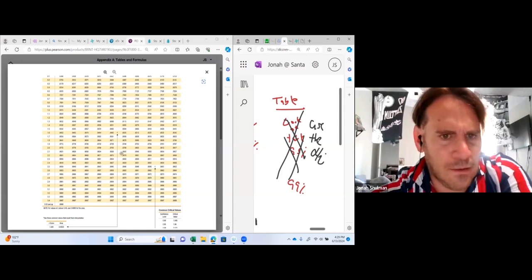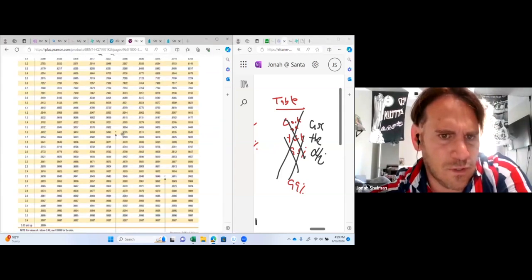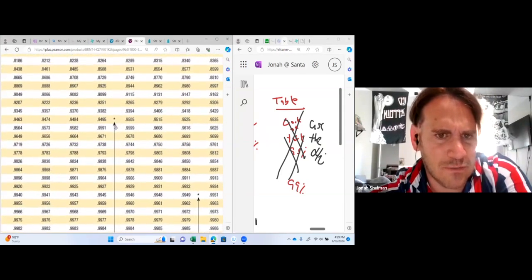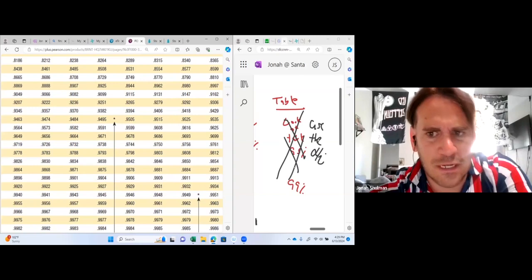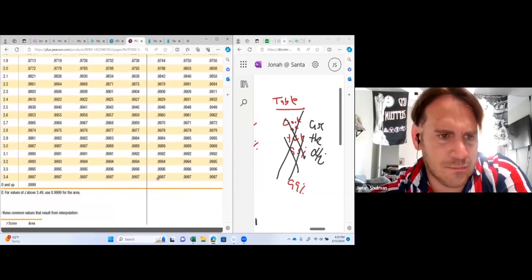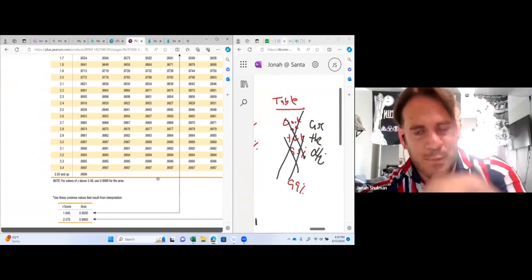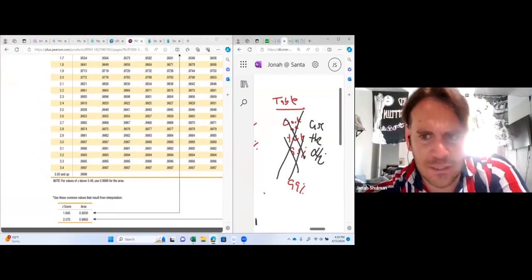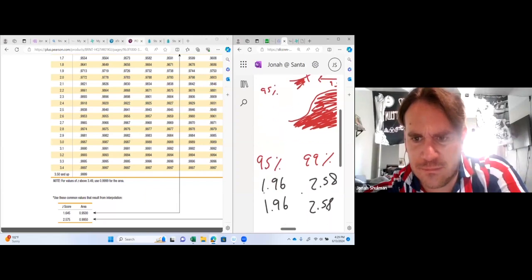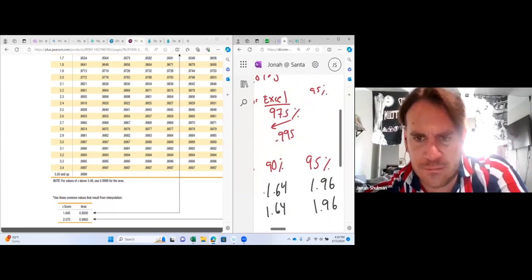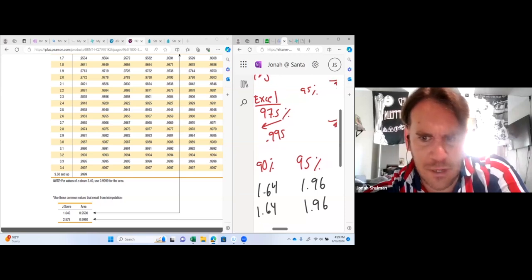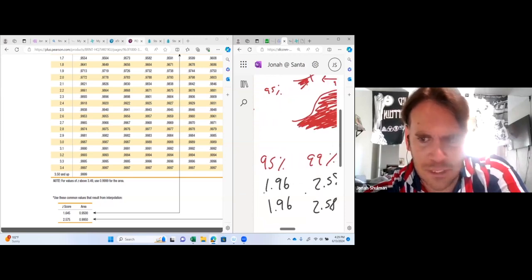It says it right here. So the first one for the 95%, that's like your 90%. I say the 1.64 is 95%. Then they're saying that the 0.995 is going to be the 99%.